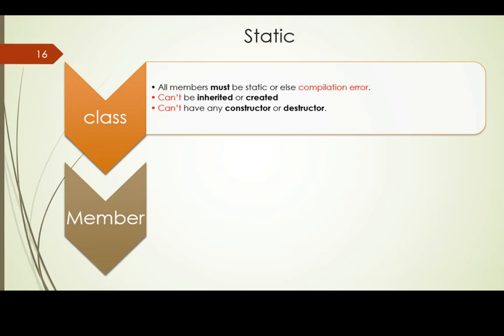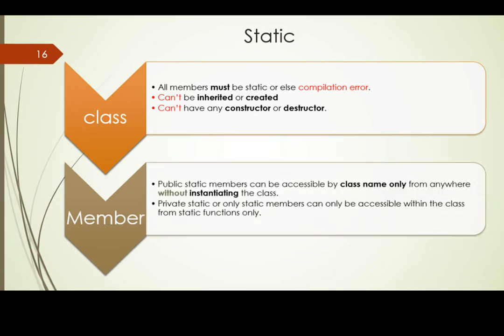So what about the members? Public static members can be accessed by class name only, from anywhere, without instantiating the class. You instantiate a class by the new keyword, so you can access any public static member without instantiating the class, and from anywhere by its name only.